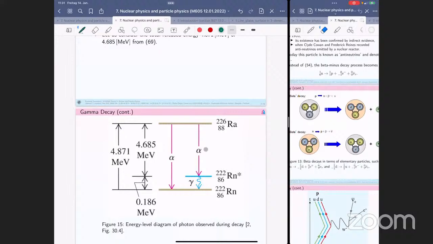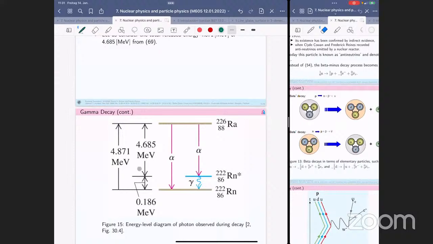Okay, and in this process, when the nucleus of the radon is in the excited state, it needs some time, and once it has cooled down, you will get the radon nucleus in the stable state, but it will emit the gamma ray.